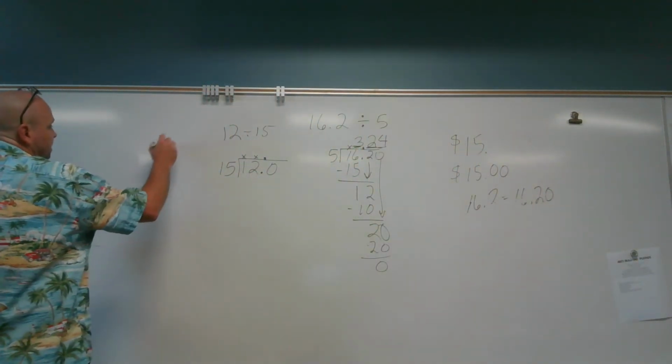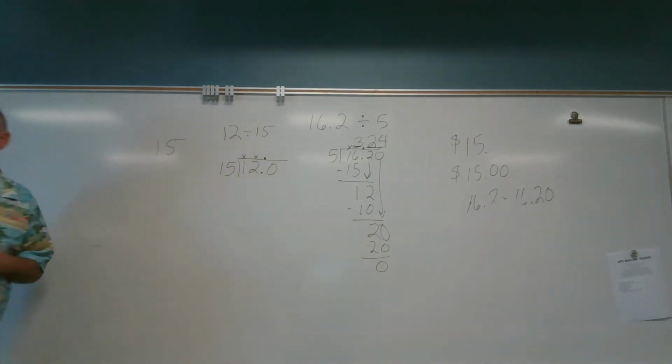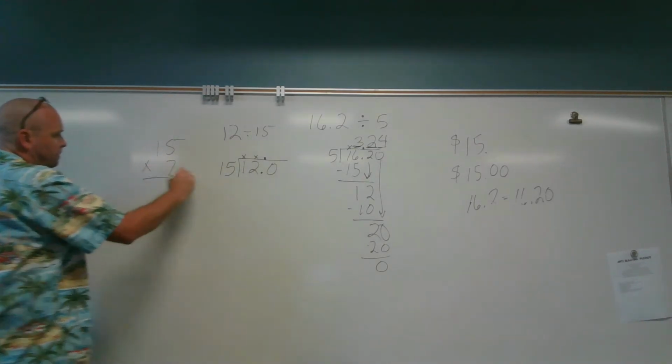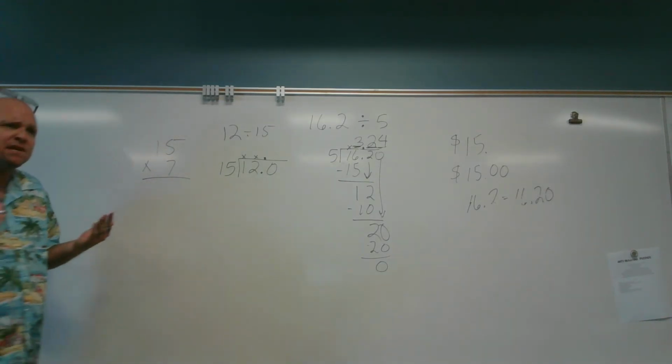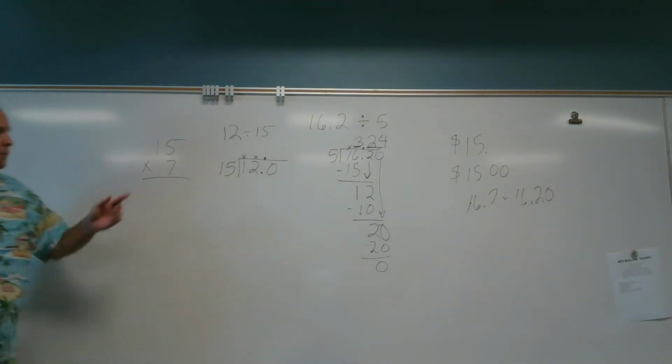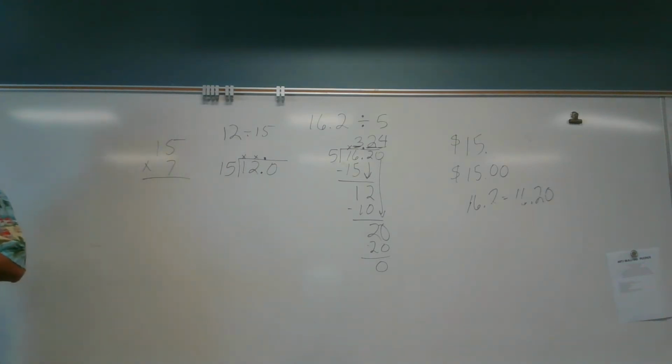Now let's try 15 times what? I want to get as close to 120 as I can without going over. Good, 7. And we'll see if 15 times 7 works. Okay, Mariah, what's 7 times 5? That's fine. 35.